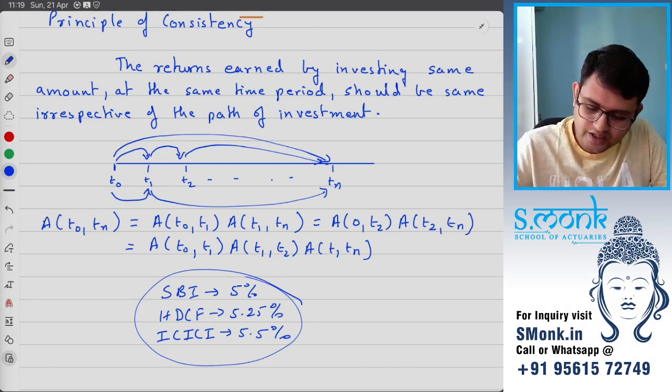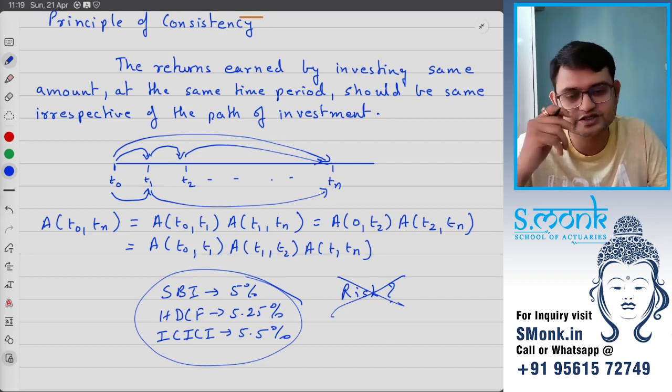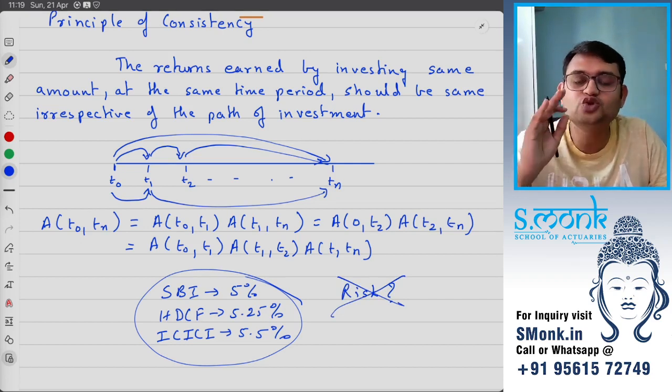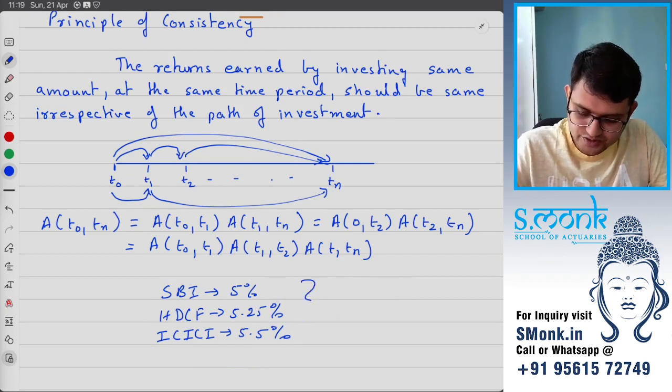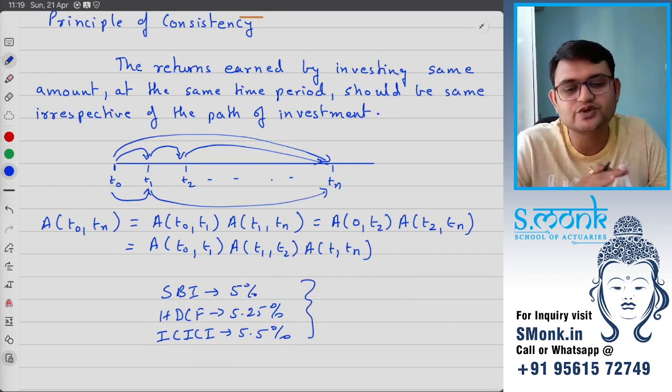Why? Because we are not considering the risk factor. We'll say there is no risk. If there is no risk involved, then if you have these three options, which one would you choose?